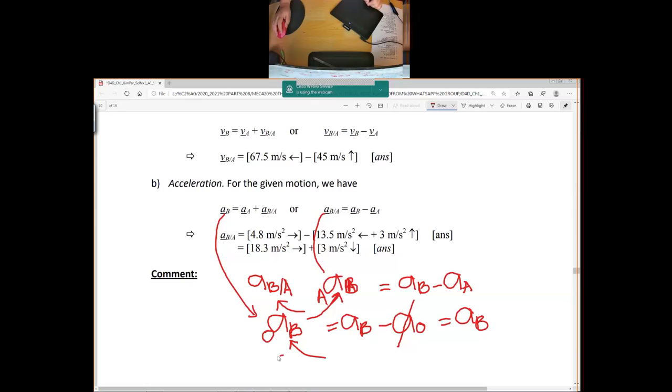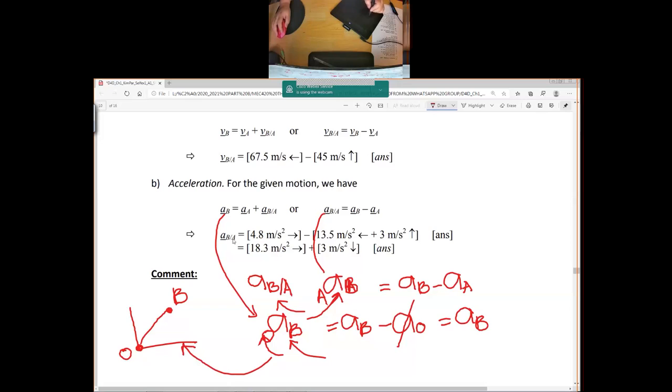The term on the left, O, is your fixed point. That means a person at O is looking at B. That's why it means this here.